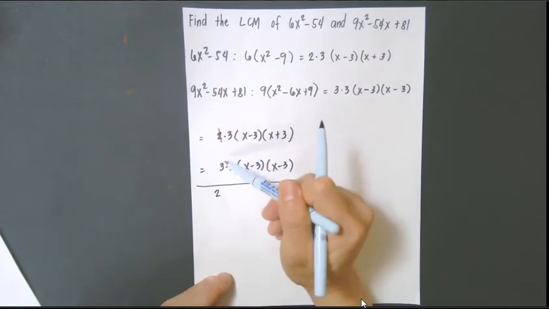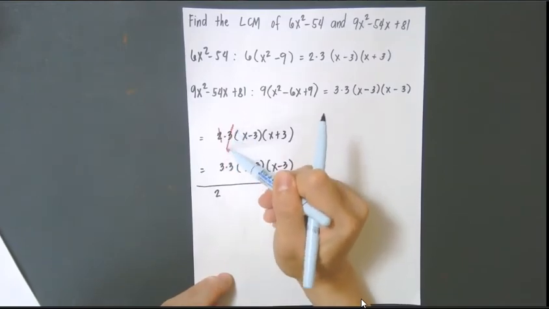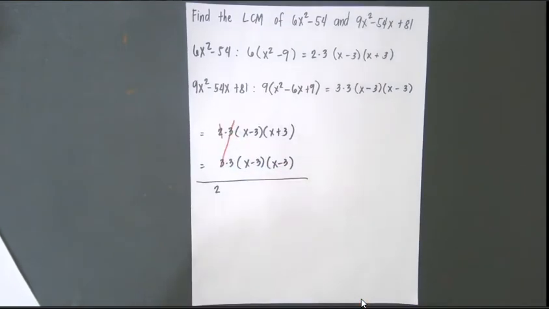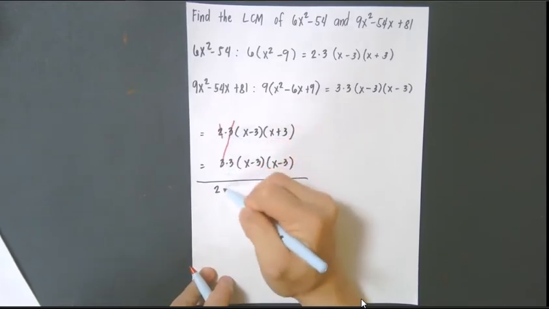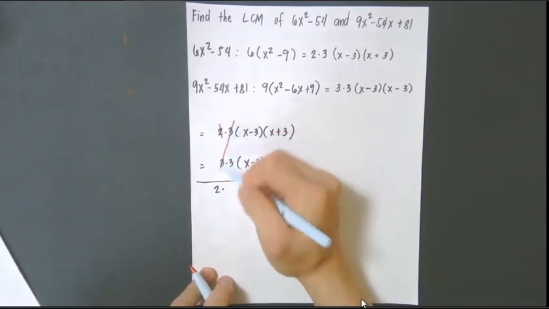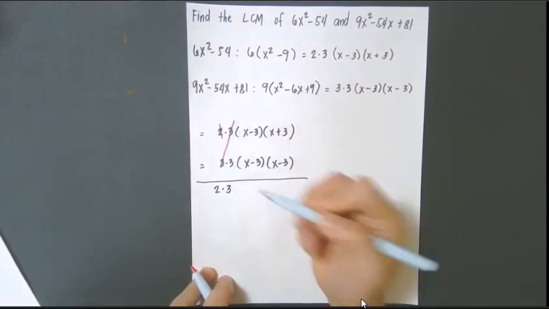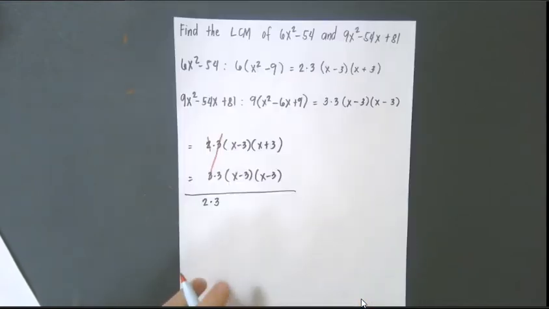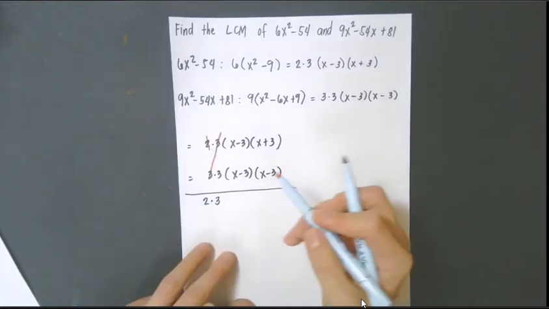That 3 here has a pair here, so put a barbecue stick on those two factors, and they will be one factor here because they are in one line. Now I have another factor here which is 3.